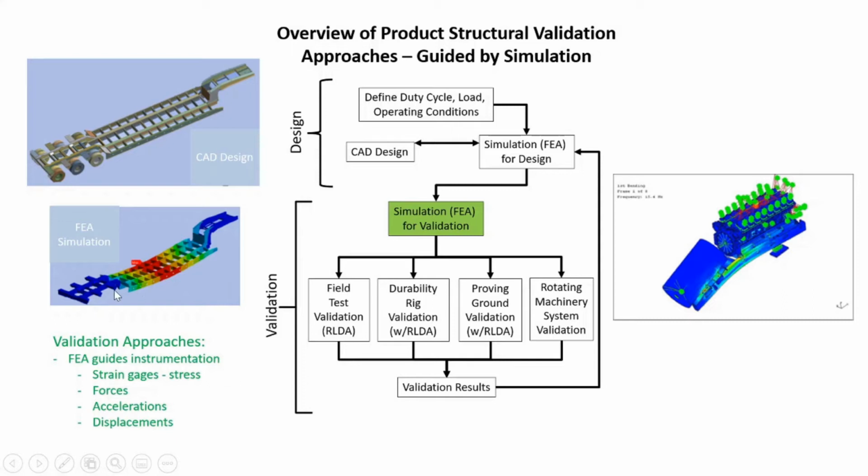For example, we may use some inertial loadings on a structural model to identify strain gauge locations. And that is often very critical because if we don't get the strain gauges in the right place, that data is not going to be helpful. And then, of course, forces, accelerations, and displacements, those types of measurements, are often guided by the simulation model.